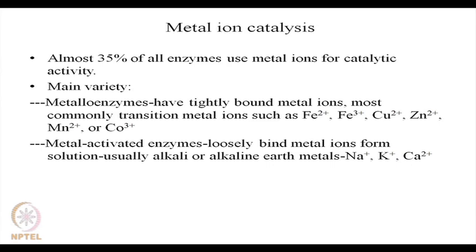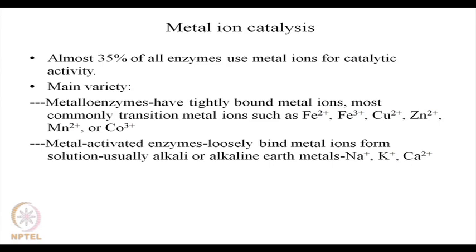Now, the main varieties are metalloenzymes, which have tightly bound metal ions. Most commonly these are the transition metal ions such as Fe2 plus, Fe3 plus, Cu2 plus, Zn2 plus, Mn2 plus, maybe Co2 plus, Co3 plus. So, metalloenzymes have tightly bound metal ions.